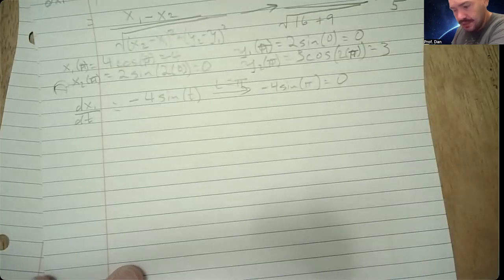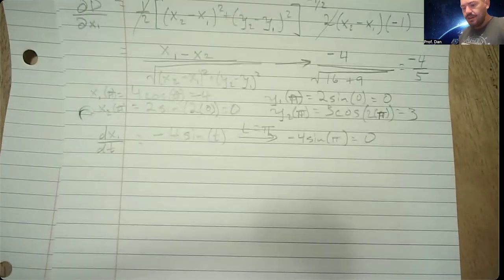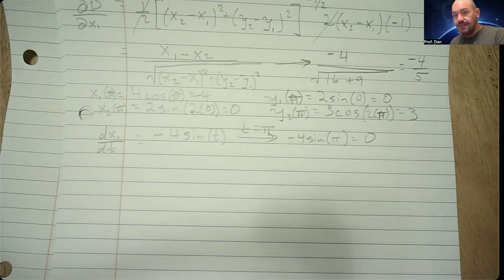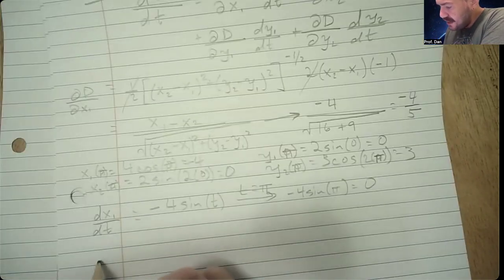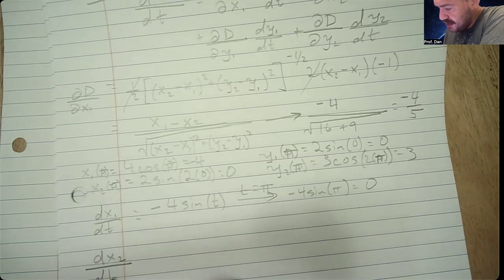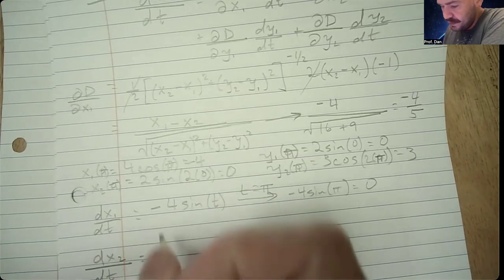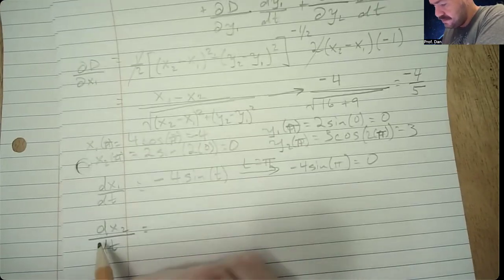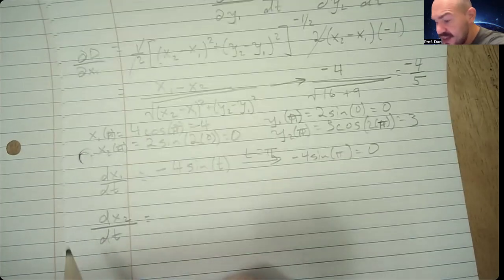Which is actually a trick that you should take advantage of in a question like this, because notice all of your x's and y's were trig functions that are evaluated at pi, which means some of them are going to be 0. So with that in mind, let's take a look at all of the other coordinates and their derivative with respect to t.